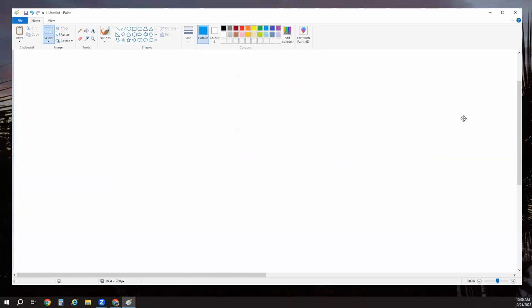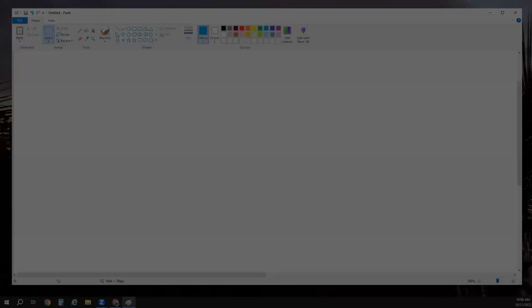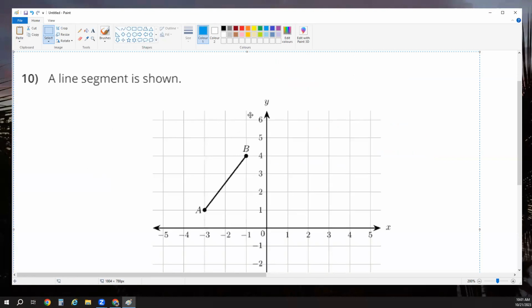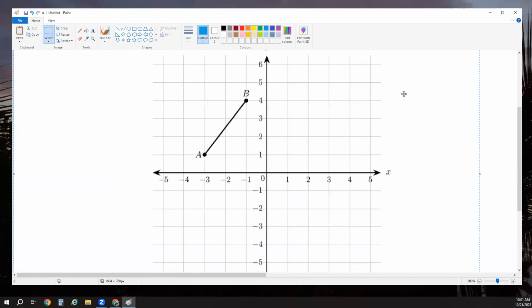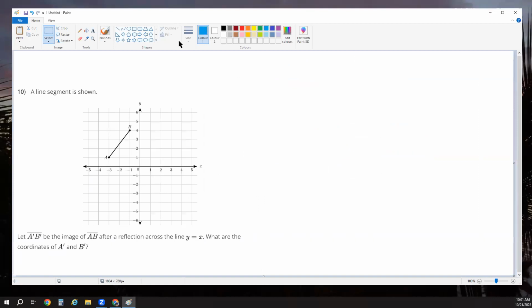Okay, so moving on to number 10. We have a line segment that's reflected across y equals x. And remember, y equals x is this line right here. For every one change in y, we have a change in x. So it's a reflection.